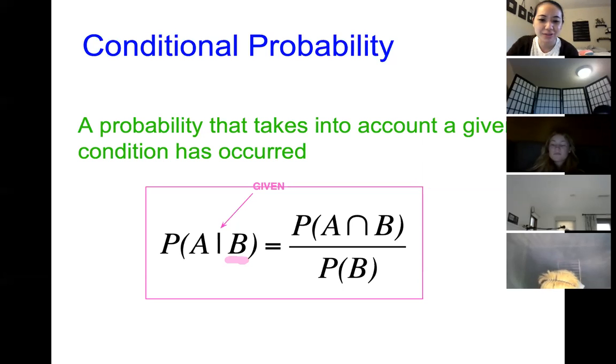So this is your formula: the probability of A given B is the probability of A and B divided by the probability of B. The probability of A and B happening divided by the probability of B. Let's go ahead and practice using this formula. Any questions before we get started with our practice problem?